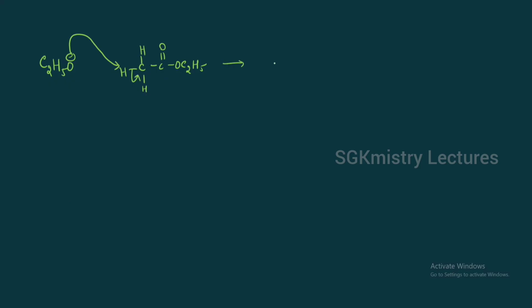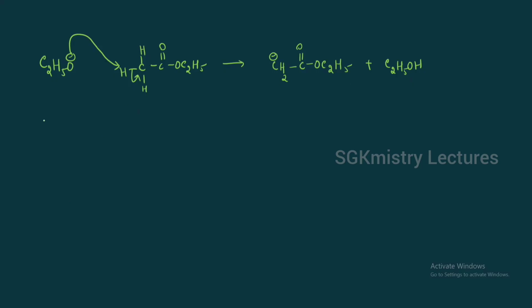So you're going to get CH2 minus, a carbanion, with C double bond O, OC2H5. Along with that, since the minus charge has abstracted the proton, you're going to get C2H5OH.